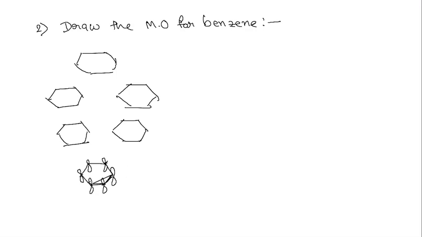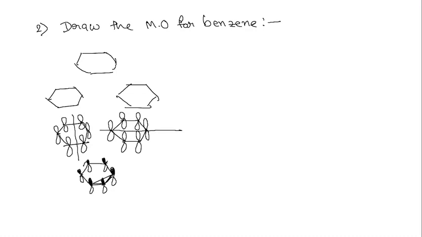It doesn't have any node. I think you people know this regarding the sign; as it doesn't have any node, all of these are in the same sign. You already did this in organic chemistry, hopefully. These are the orbitals, and as it has one node, the node can go through here or through here.